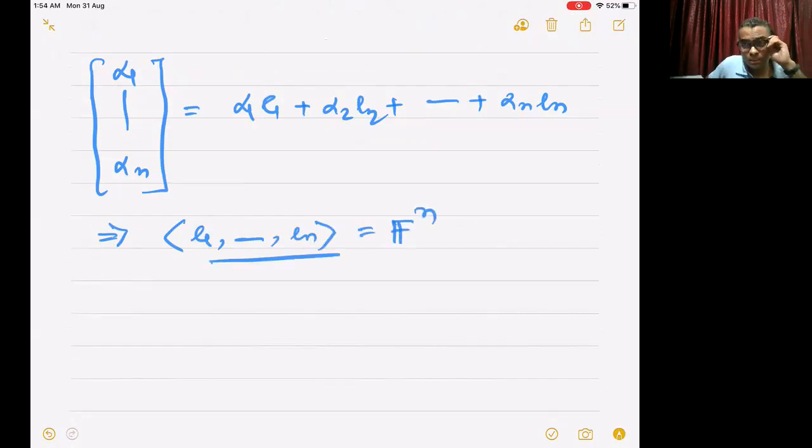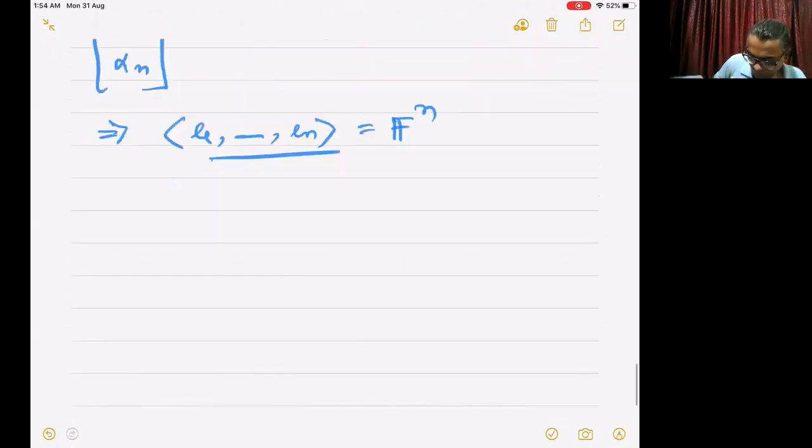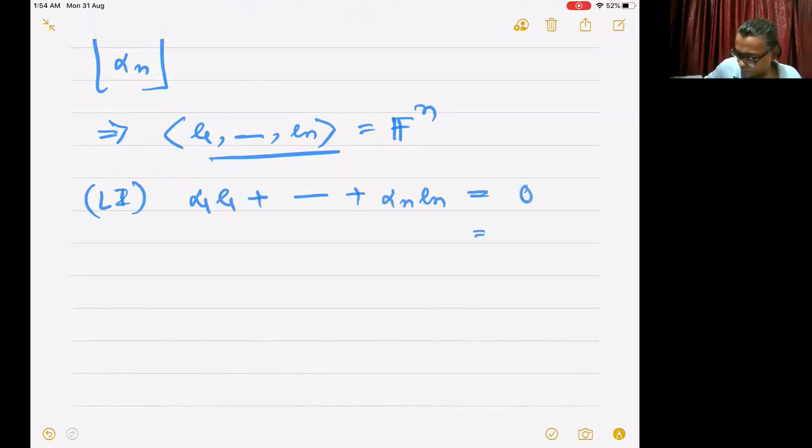Now, how do I know that this is linearly independent? To check linear independence, consider this linear combination alpha 1 E1 dot dot dot up to alpha n En, and suppose this is the zero vector. What is the zero vector? If I expand this, this is nothing but 0, 0, dot dot dot, up to 0, right?